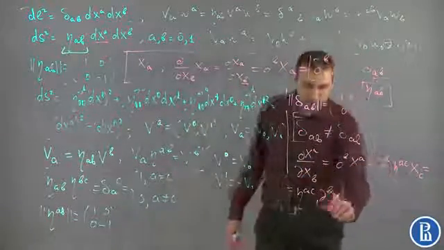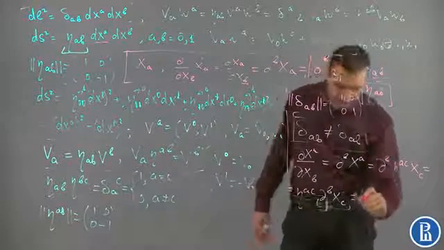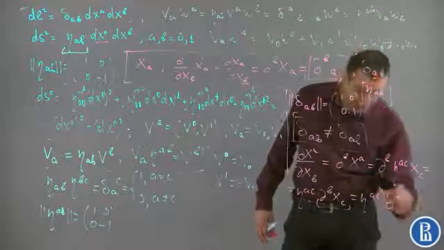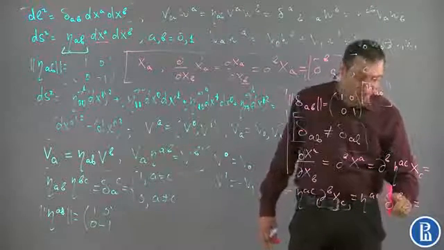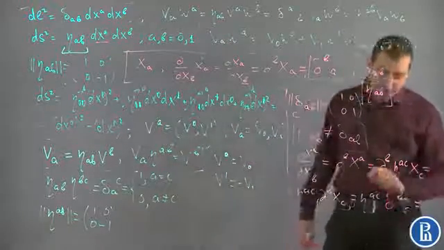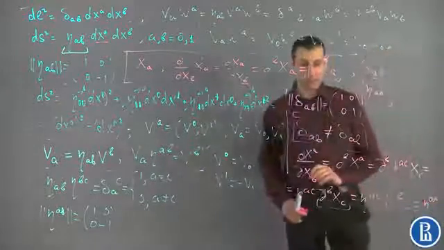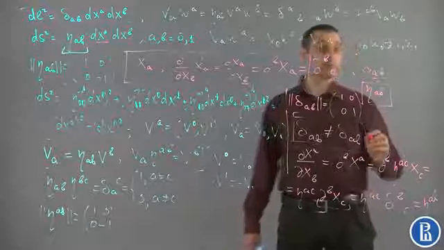This is the same with different indices. So this is eta AC delta BC. But this is equal to 0 when B is not equal to C, and to 1 when B equals C. This is nothing but eta AB. So, as a result, we have the following relation.